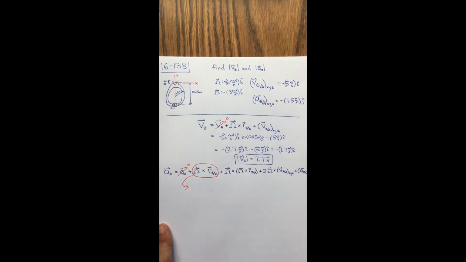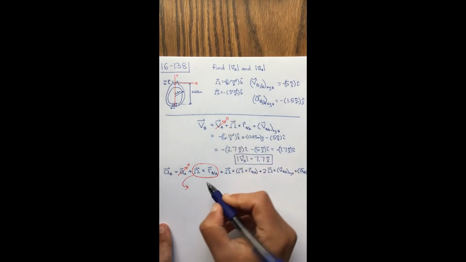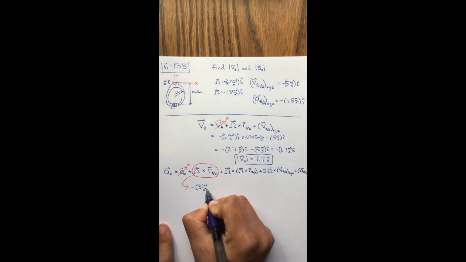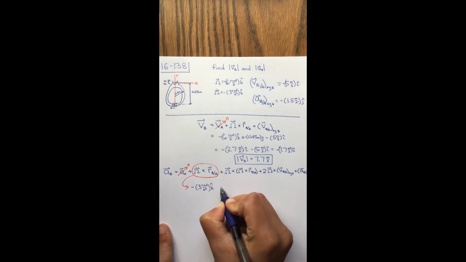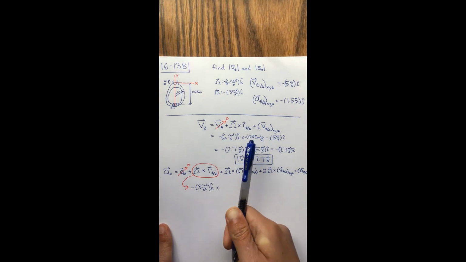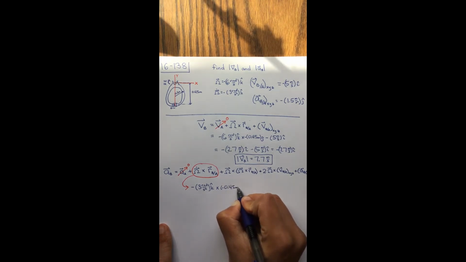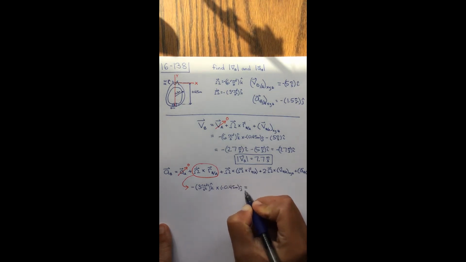Okay, so the angular acceleration for my rotating coordinate system is -3 radians per second squared in the k hat direction crossed with my position vector, which was -0.45 meters in the j hat direction.